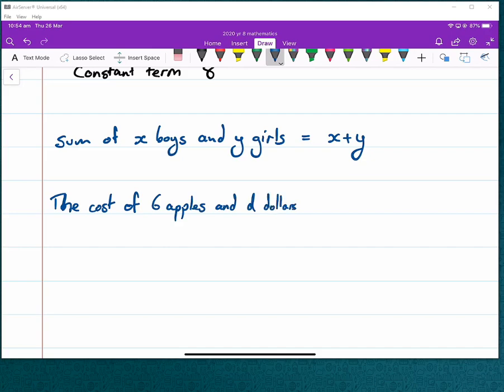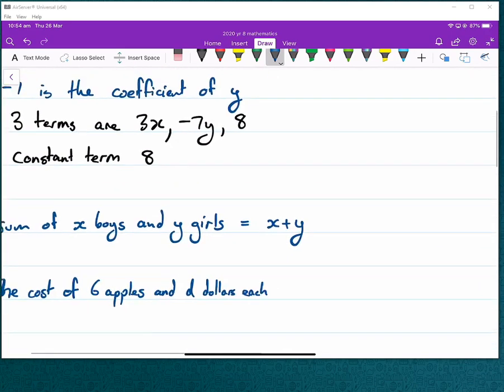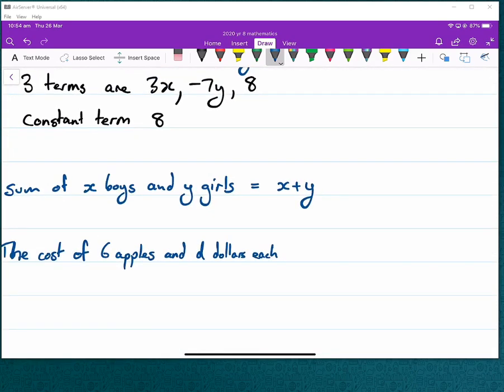So we've got 6 apples, and we're going to times that by D dollars. But in algebra, we would not use 6 times D. We don't write 6 times how much the cost of the apple is. We write this as 6D.